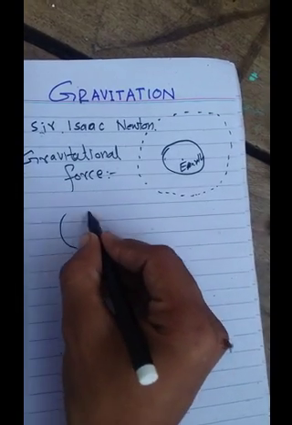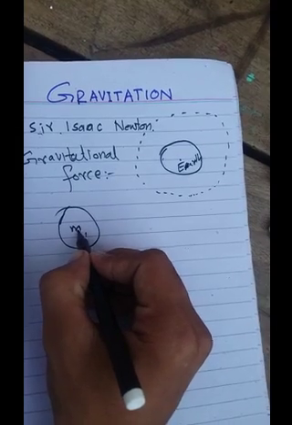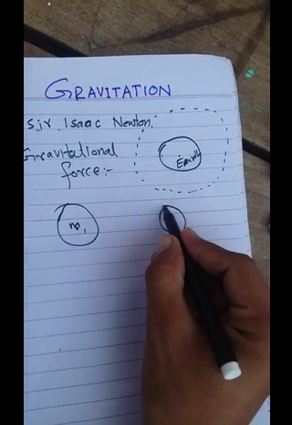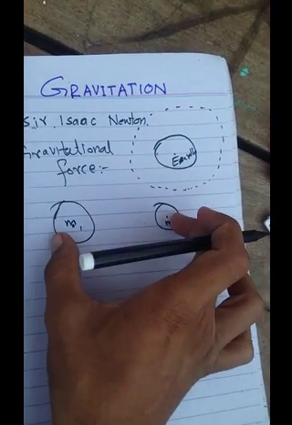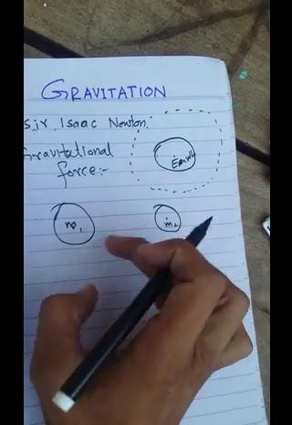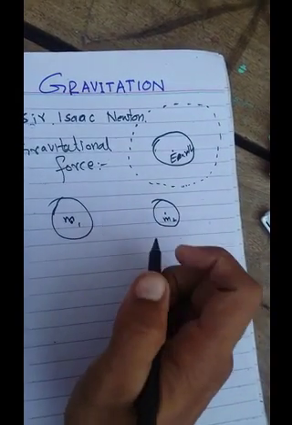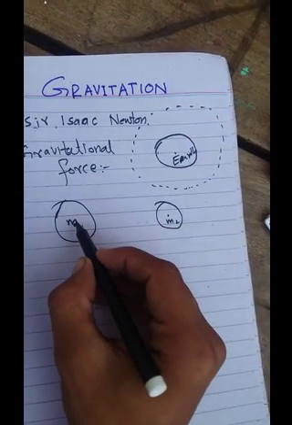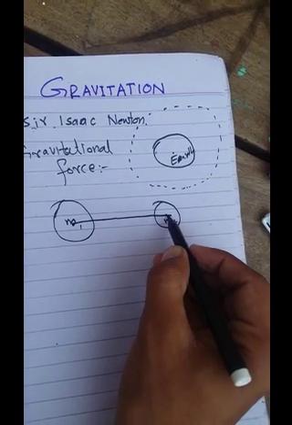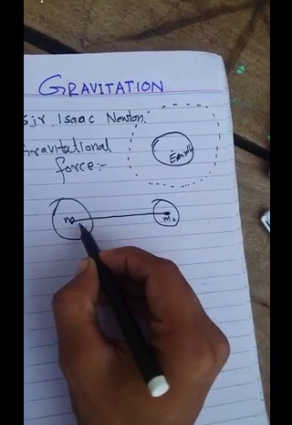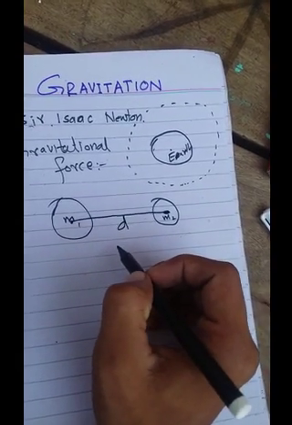He says that a body of mass m1 and a body of mass m2 in the gravitational field of Earth attract each other by gravitational force. This is the distance between the centers of these bodies.